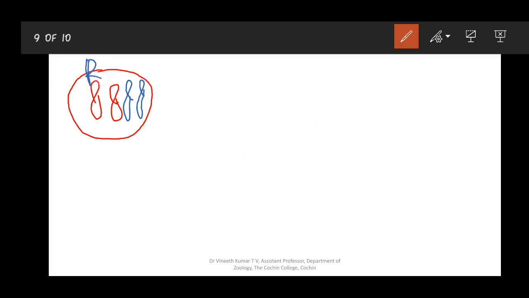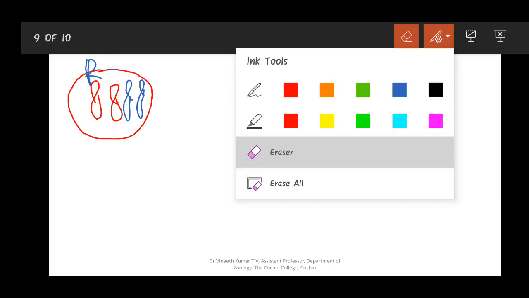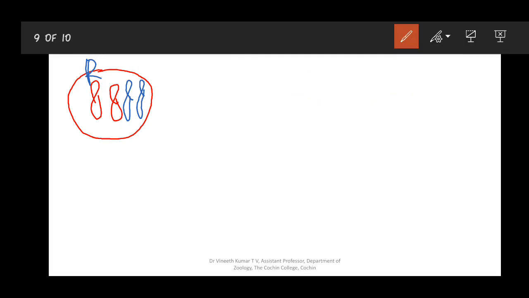This is capital R, sorry. Capital R, small r, and capital Y, small y. Okay, and now this is going to undergo S phase.